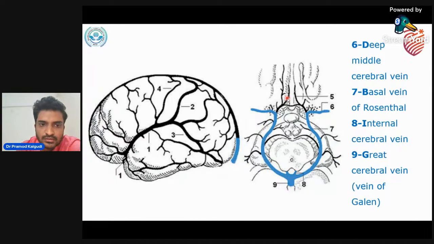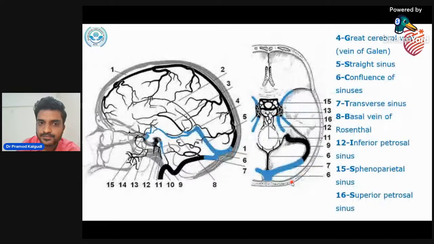So we are aware that there is a deep venous system and the superficial venous drainage, which are connected. Majorly in the deep venous system, we can insonate the deep middle cerebral vein, and this is the basal vein of Rosenthal, and this is the internal cerebral vein, which is again difficult to insonate, but you can insonate the great vein of Galen.